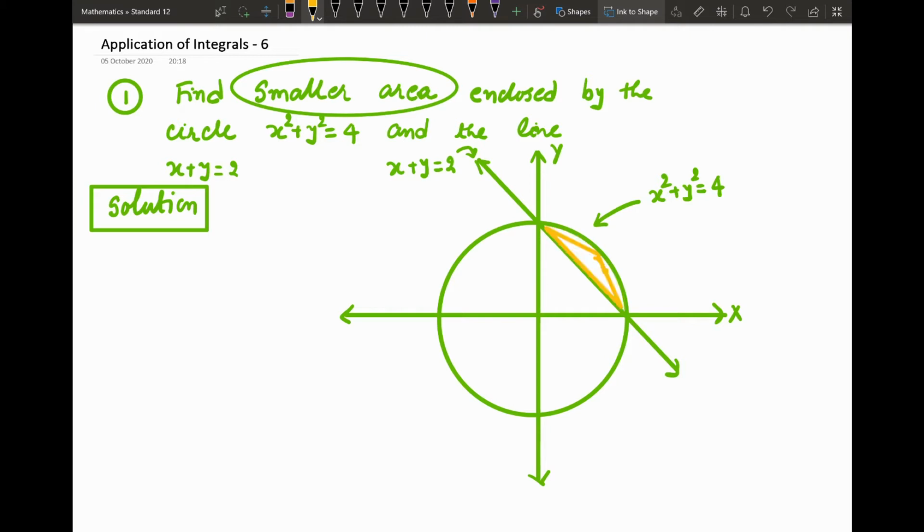It is the intersection of the circle with the straight line x plus y equal to 2.